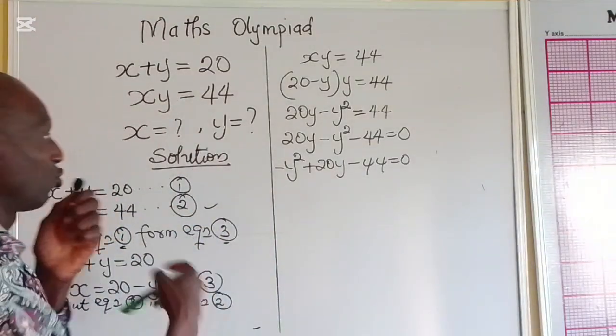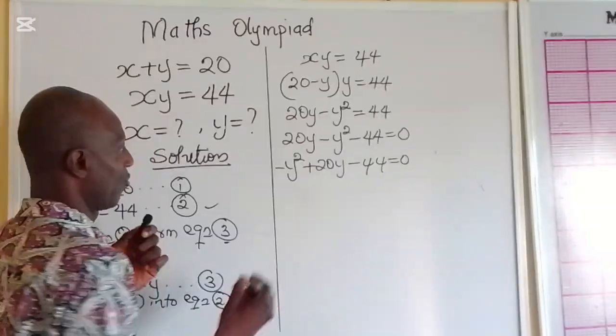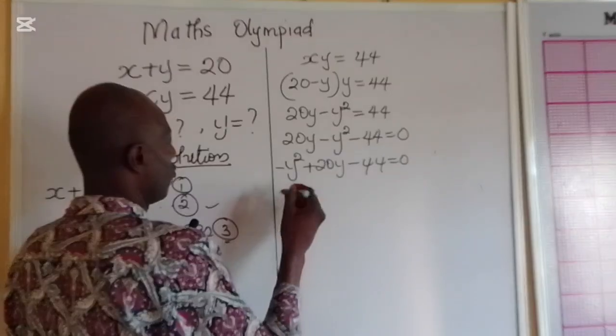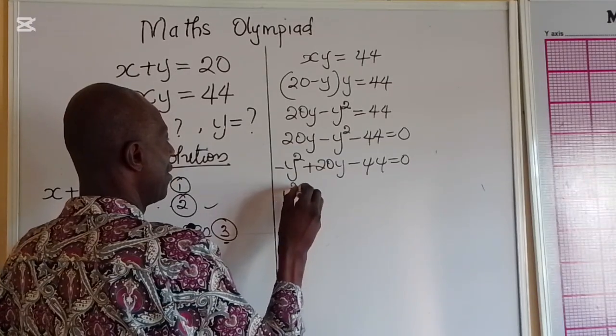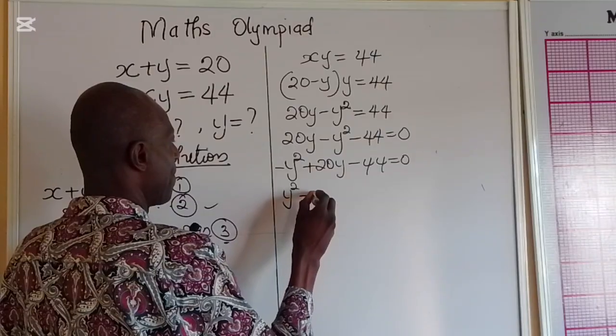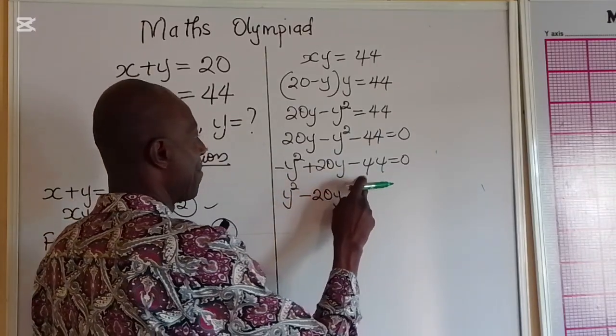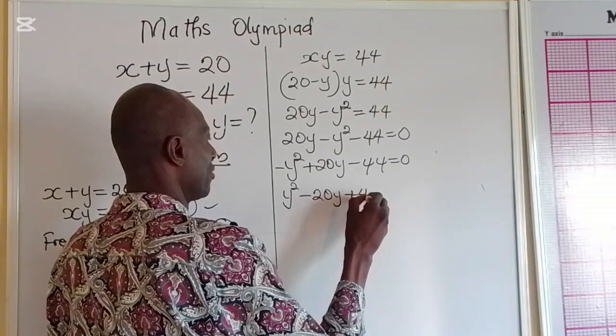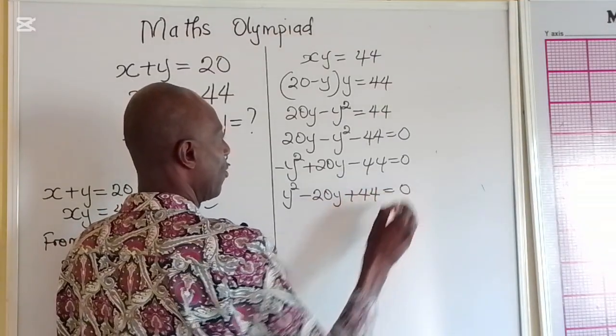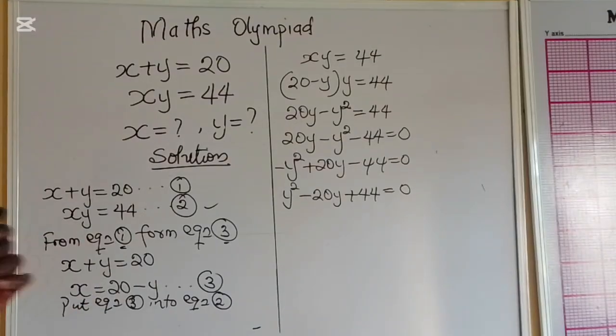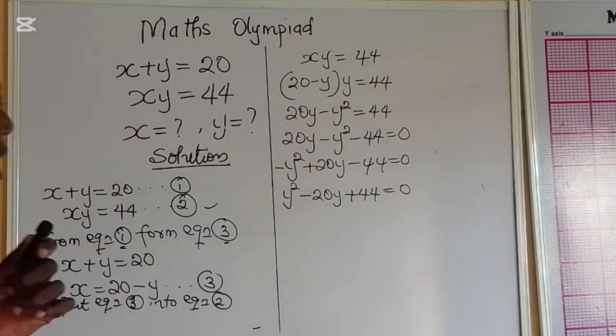Okay, let me clear the negative sign. So I will multiply through by minus 1. If I multiply by minus 1, here will be y squared, minus 20y, plus 44 is equal to 0. Okay, let us factorize.